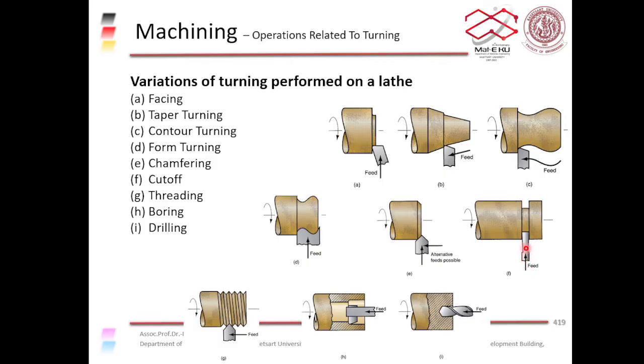Cut off is when you want to cut your workpiece to a certain length. You just move in this direction until your workpiece is cut into smaller pieces. Threading is basically making a thread on a bolt, for example.